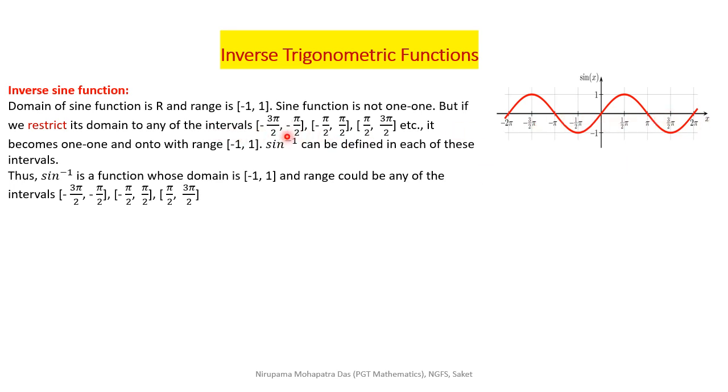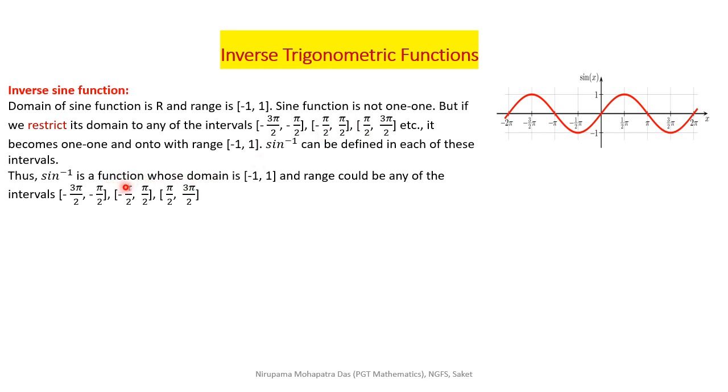If we consider any of these intervals as the domain and the closed interval [-1, 1] as the range, sine inverse can be defined. I mean sine x will be invertible. So sine inverse can be defined in each of these intervals.